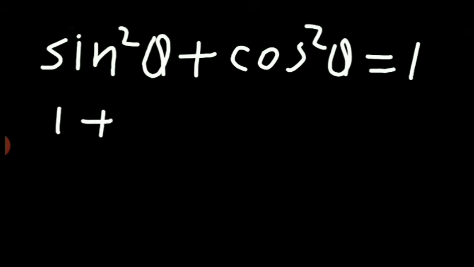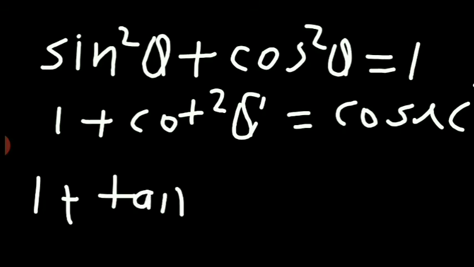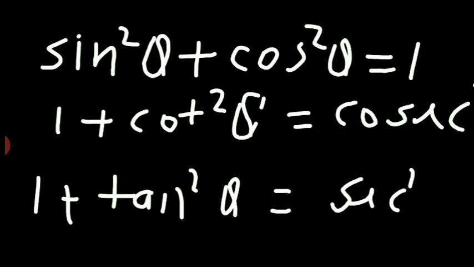Second is 1 plus cot square theta is equal to cosec square theta, and third one is 1 plus tan square theta is equal to sec square theta. Okay, so this is the derivation of identities. Now we will learn the complementary angles.